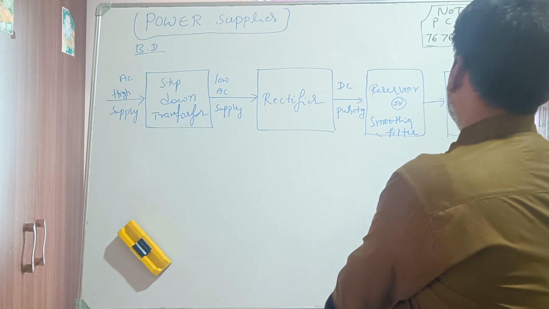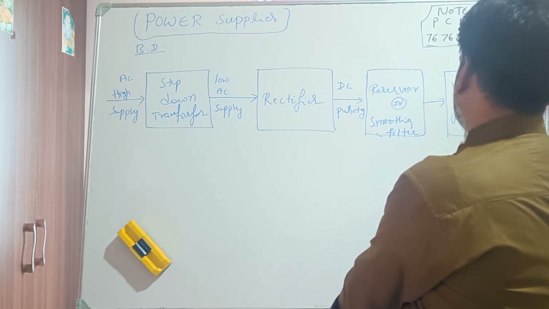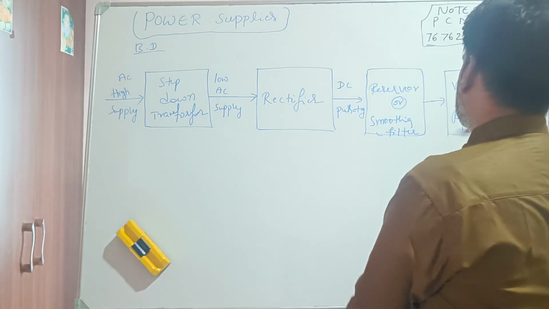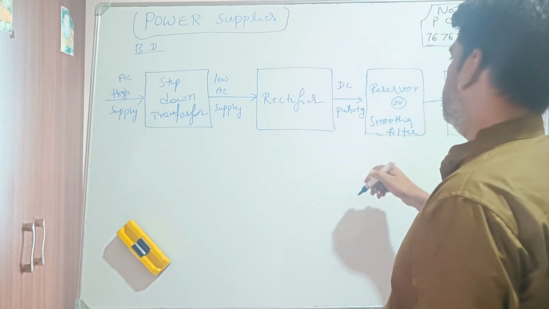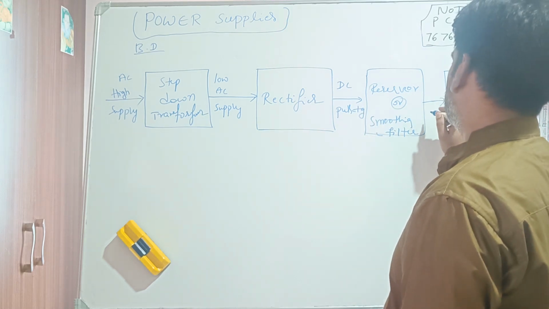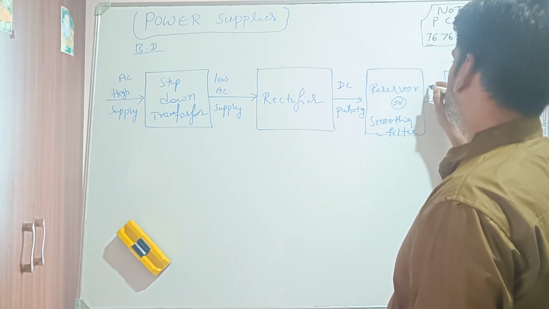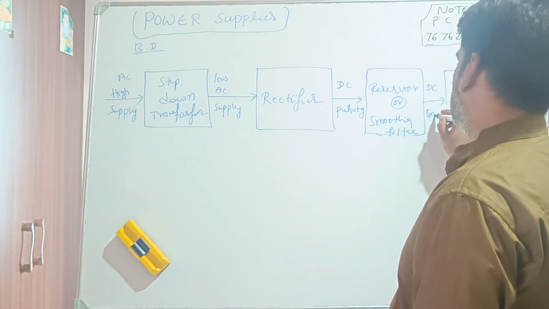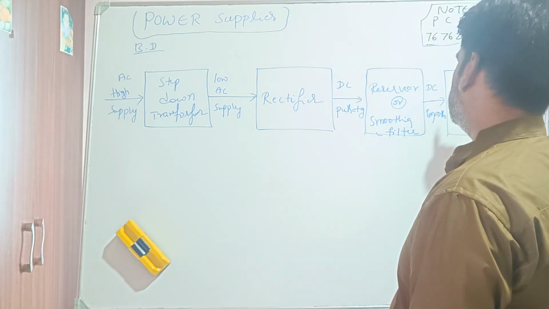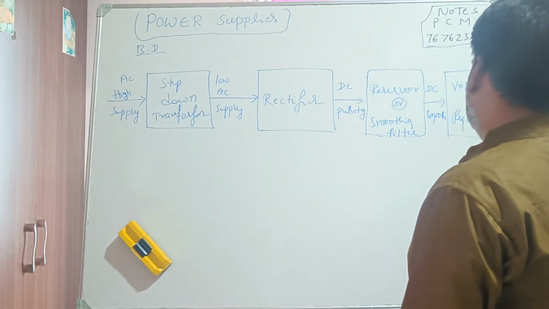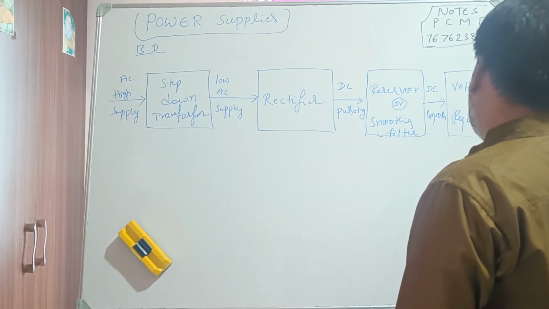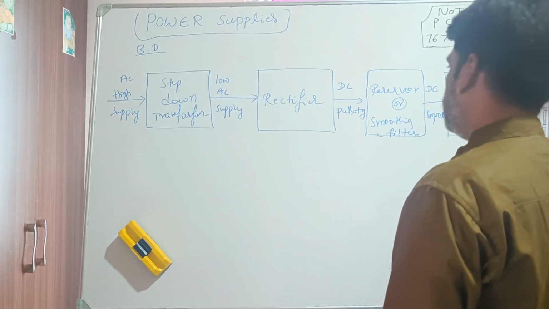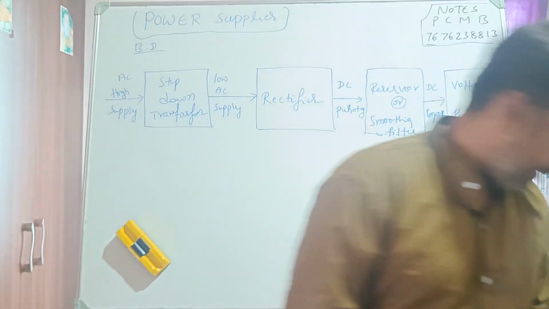So it is a voltage regulator. Right? So, DC pulsating. If I use filter circuits here, I will get a DC which is somewhat smooth, and here it is a pure DC. Right? So this is what the power supply block diagram is.